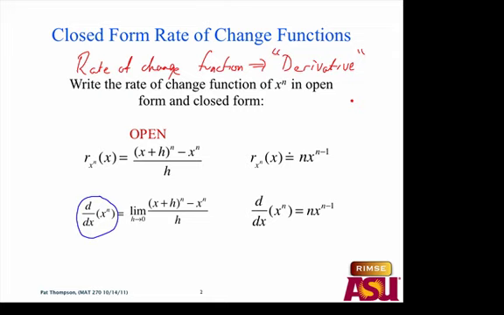But when we let h get very, very, very small, we get the exact rate of change function. And then on the right, we have our closed forms. That first one in the upper left-hand corner is our approximating rate of change function. And then the second row is our exact rate of change functions, whether it's open form or closed form.